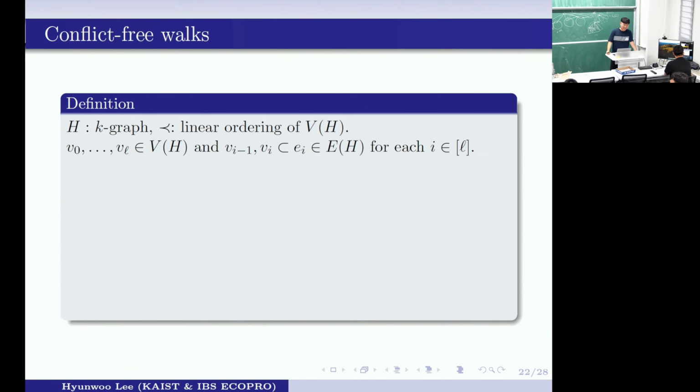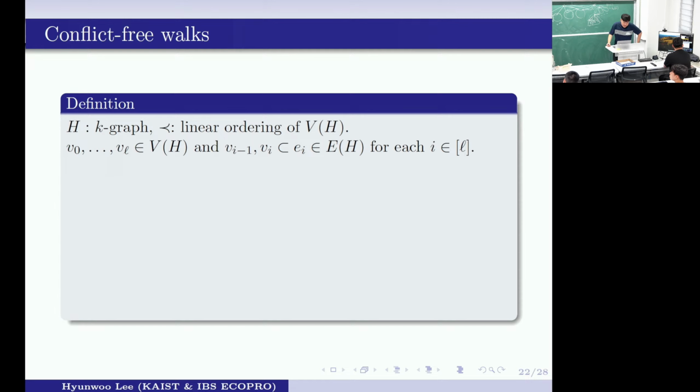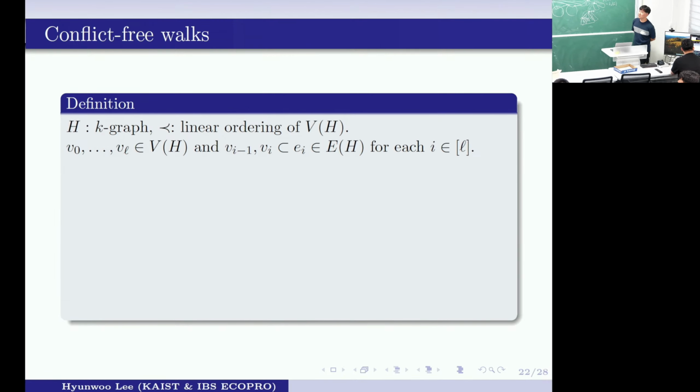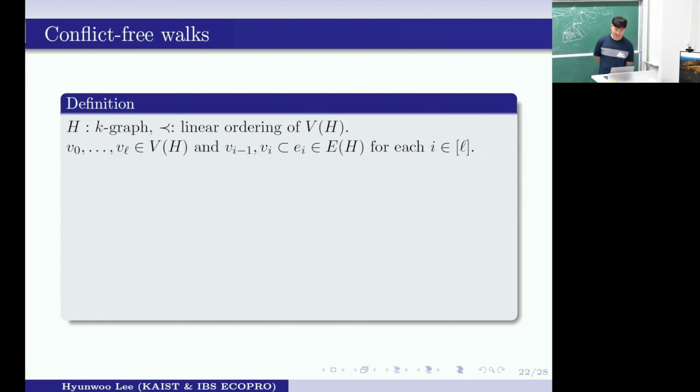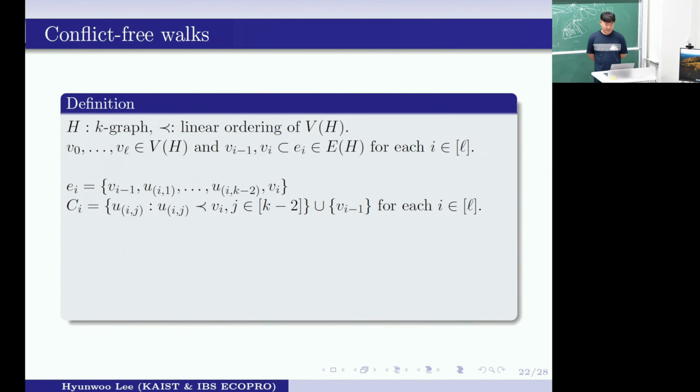I will explain it. H is a k-hypergraph, and we fix some arbitrary linear ordering on the vertices. Let V_0 to V_L be the vertices of H, and E_1 to E_L the edges of H, where E_i contains V_{i-1} and V_i. The middle vertices in E_i are U_{i,1} to U_{i,k-2}.